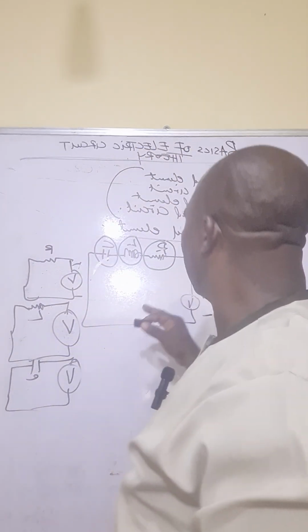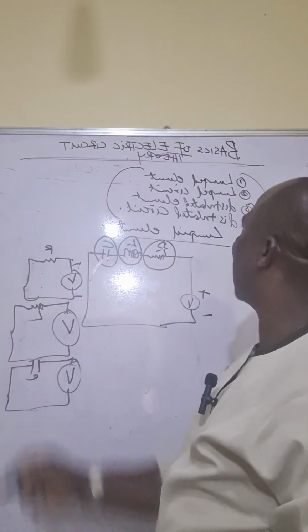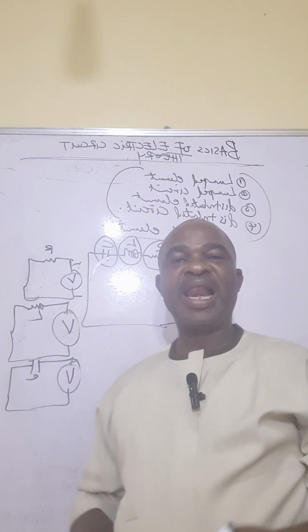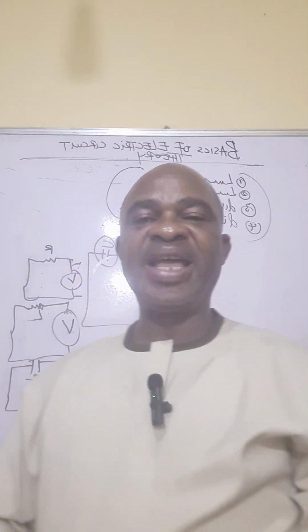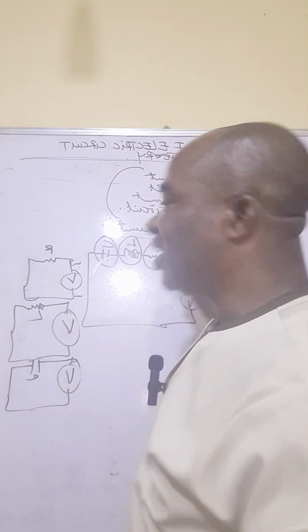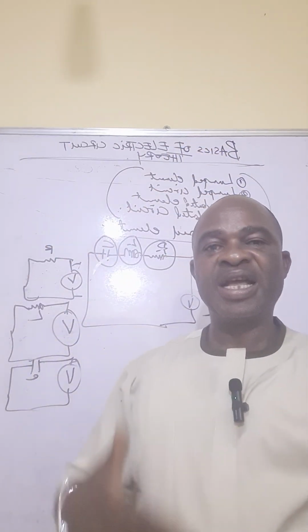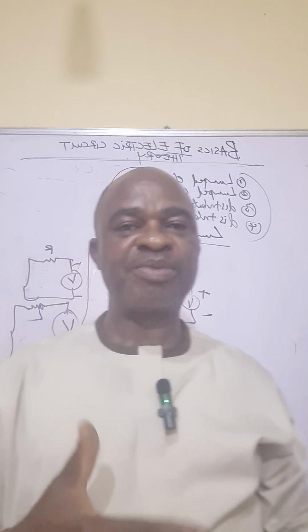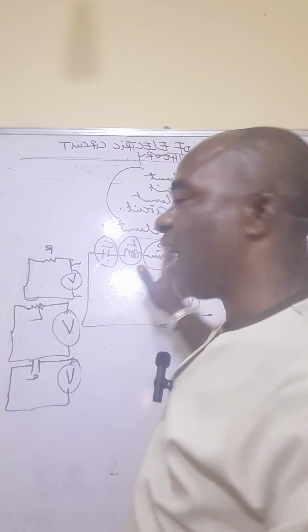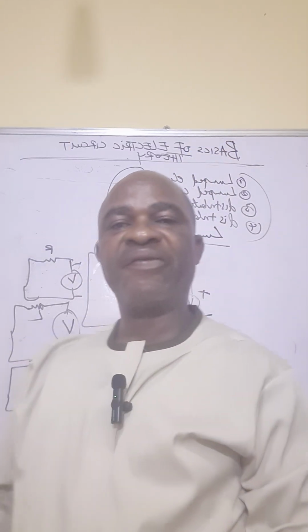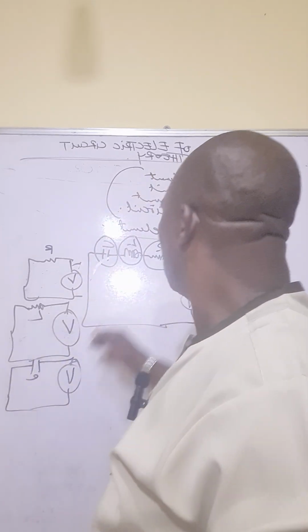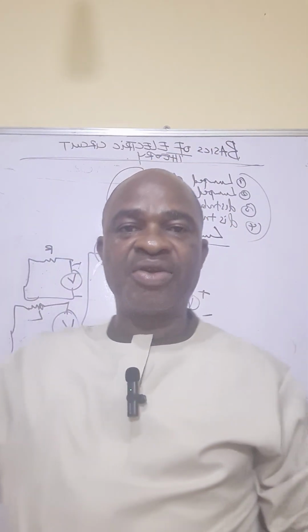Okay, we quickly go to distributed elements. What are distributed elements? Distributed elements are elements that we normally have in transmission lines. For example, we have the resistance of the transmission line, the capacitance of the transmission line, the inductance of the transmission line. All these things are various elements of a distributed element. Then we have the distributed circuits.